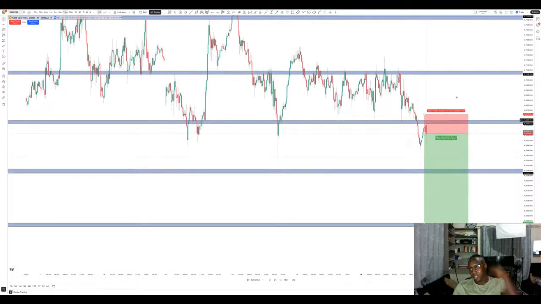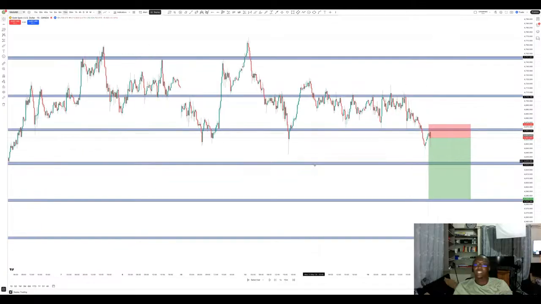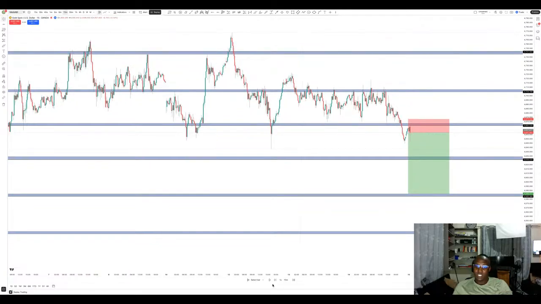Then we can decide to have this as our take profit 1 and this as our take profit 2. So when it comes to trade management, as soon as you enter, the trade will either be in some drawdown or run straight away to profits.